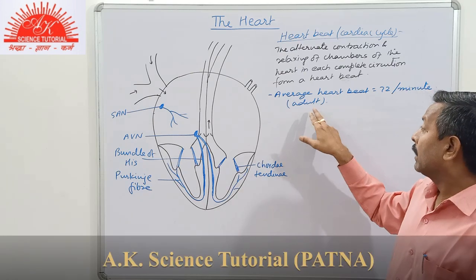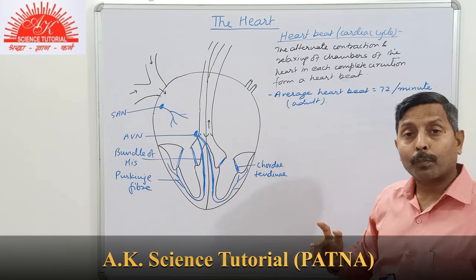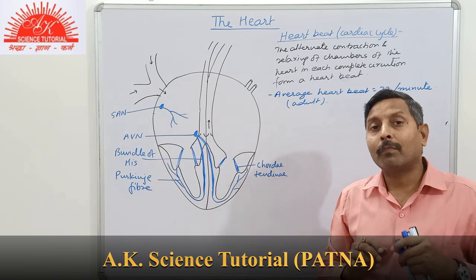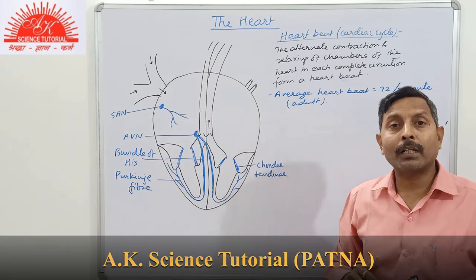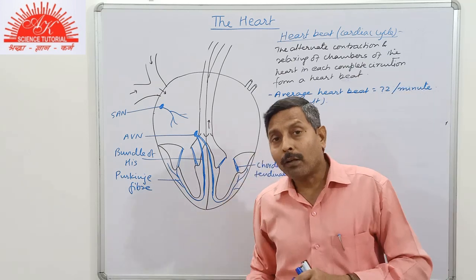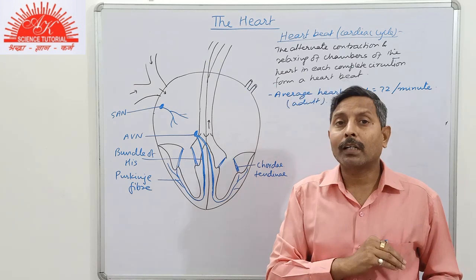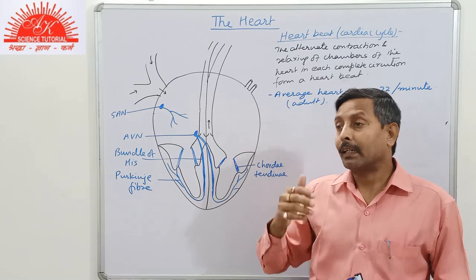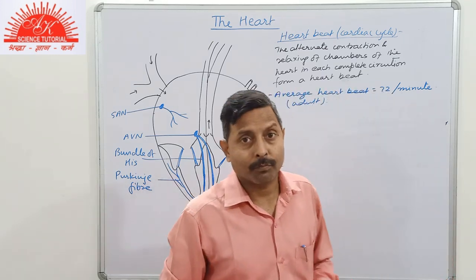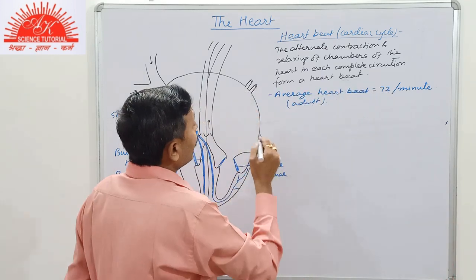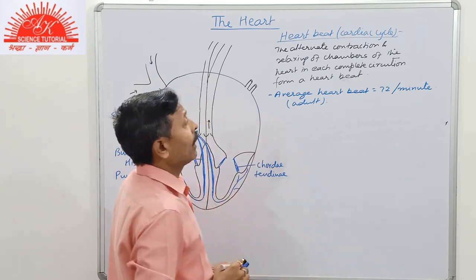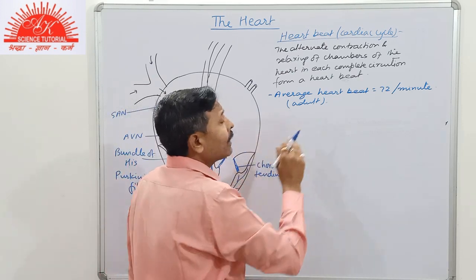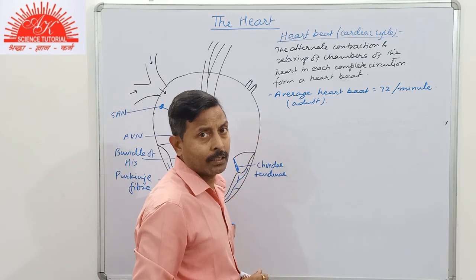So we have seen that in an adult it is 72 times per minute, in a newborn baby it is 140 times per minute, and in a sparrow, which is a very small bird, it is about 700 or more than in other organisms. So now the heartbeat, you see, has different phases.